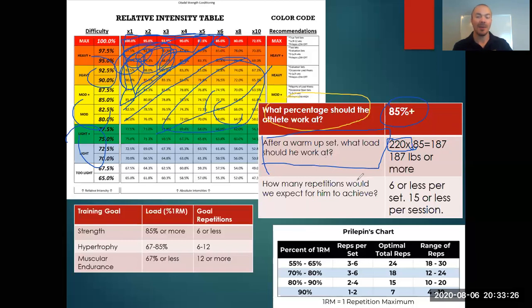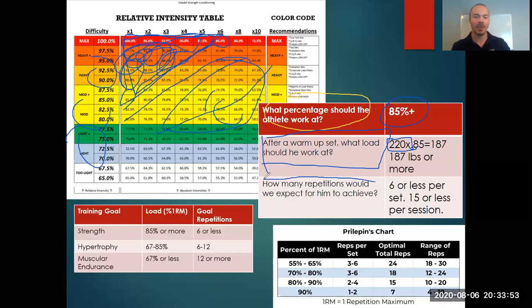Again, that may not happen every day you go in, or even every week you go in to train, and we'll talk about that more down the road. But that's where we would focus for our best bang for buck, directly tied to maximal strength development training: 187 pounds or more to increase a 220-pound bench press.